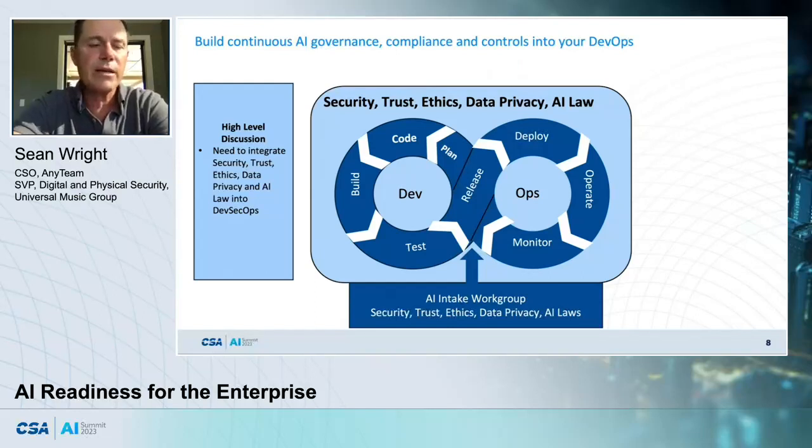We will get into a little more detail during Ken's part of the presentation, but really, introducing this AI intake work group process, the output of that should then fall into an existing DevSecOps program that can be continuously evaluated and continuously improved as the technology is deployed and as the AI technology is being utilized within your environment.